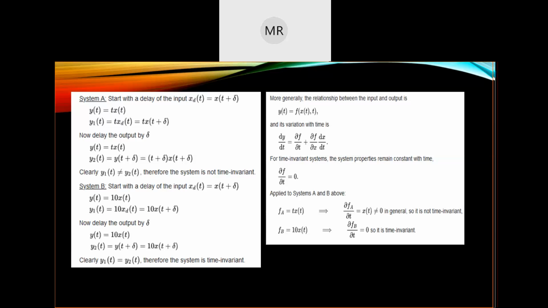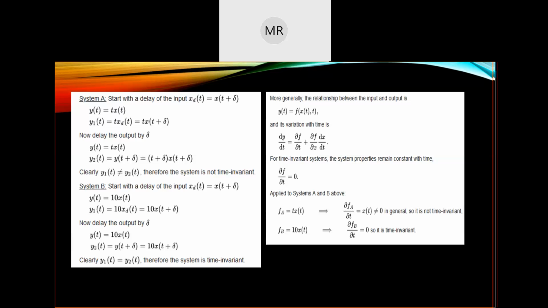Here we will see that x(t) is substituted with the delay of the input, so it becomes t x(t + d). Now delay the output by d. y(t) = t x(t). We change the variable to y2(t).